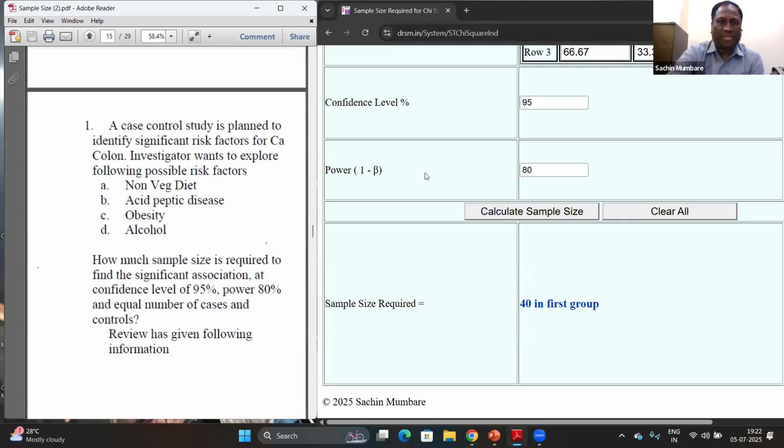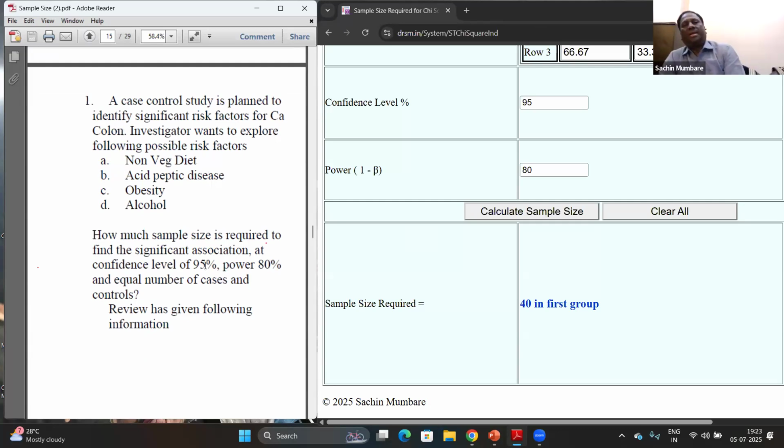These are non-veg diet, whether a non-vegetarian diet is associated with CA colon, whether acid peptic disease is associated with CA colon, whether obesity is associated, and whether alcohol consumption is associated. Similarly, you can have n number of risk factors tested. Understood? Yes, sir.